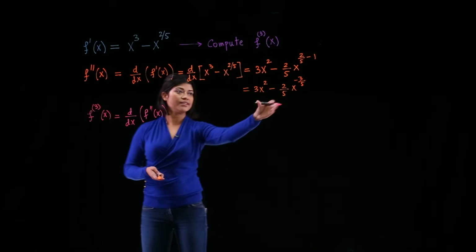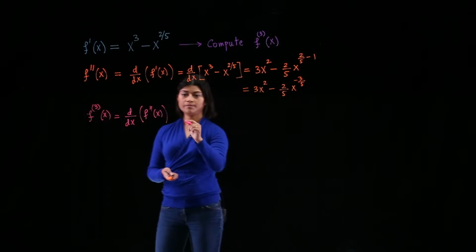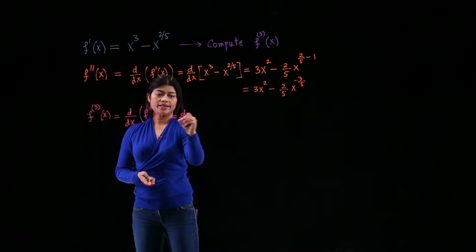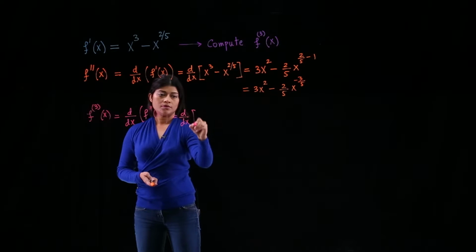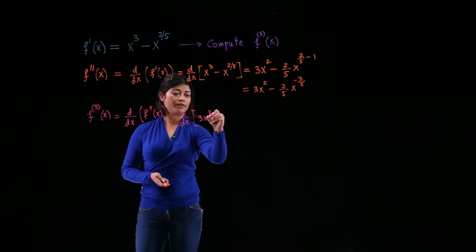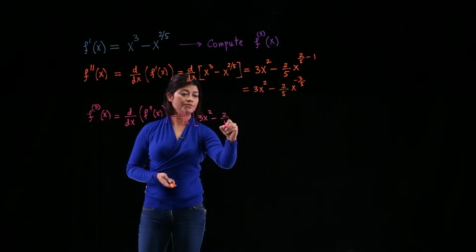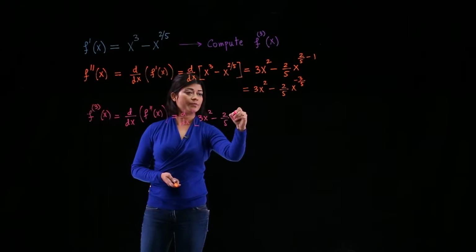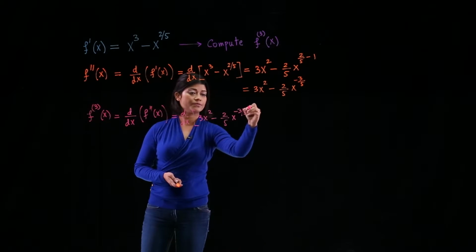Here is the expression for f double prime, so let's plug that in. We have to find d/dx of 3x squared minus 2/5 times x to the power negative 3/5.